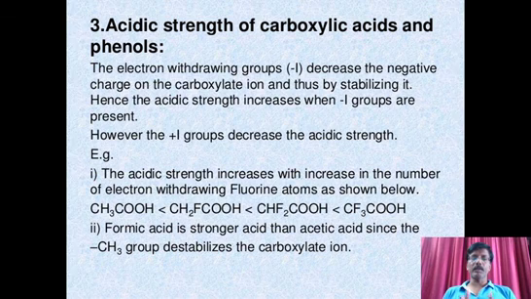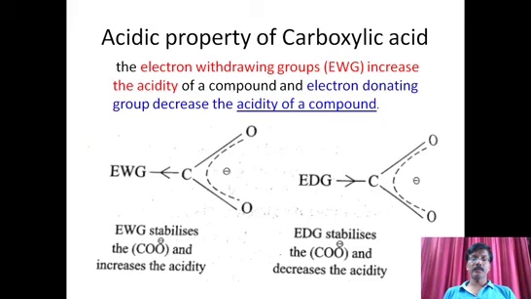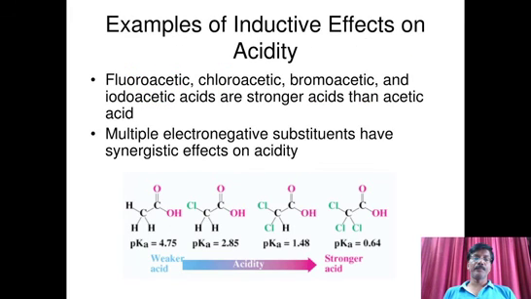So on the same carbon, with increasing number of fluorine atoms, acidity increases. Comparing acetic acid, fluoroacetic acid is more acidic, difluoroacetic acid is still more acidic, and trifluoroacetic acid is the strongest acid compared to the other groups. So this is what we have to understand.